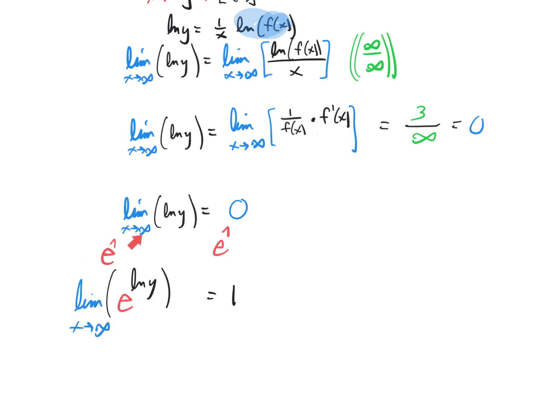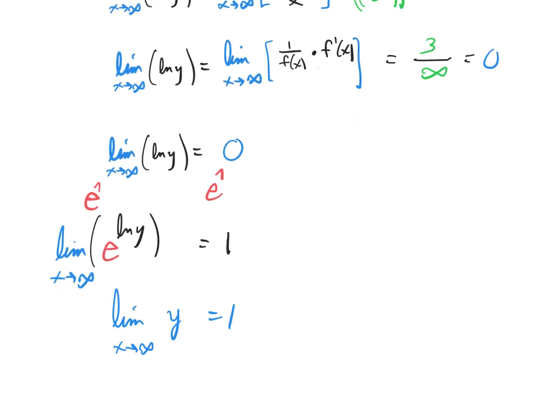And using properties, a base raised to a power of a limit of something is algebraically equivalent to the limit of that base raised to that something. And e raised to the ln of y is just y. So we have the limit as x approaches infinity of just y is equal to 1.